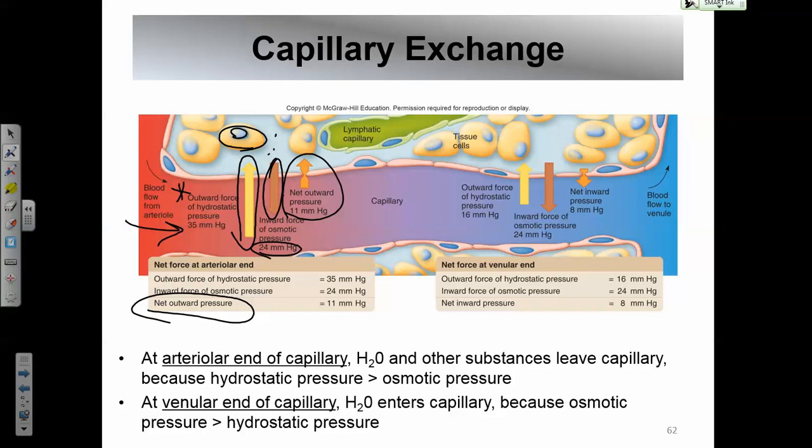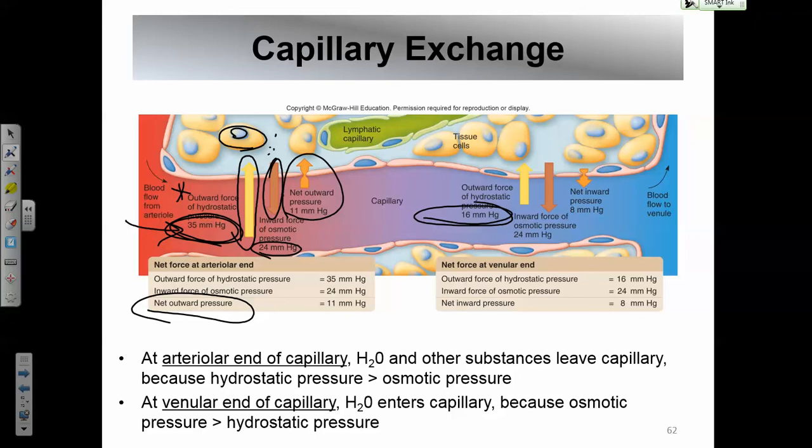Okay, but as it loses its water, look at the hydrostatic pressure. See how it drops from 35 to 16? Okay, and the osmotic pressures, they stay pretty much the same because your proteins aren't moving, so that kind of maintains that osmotic pressure.